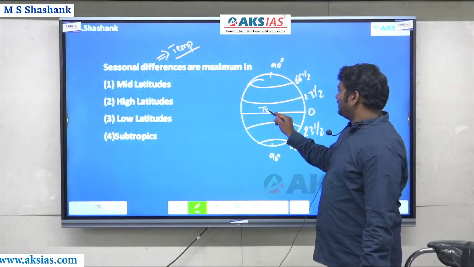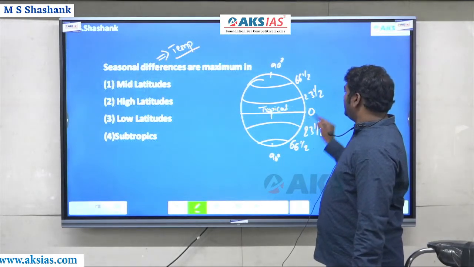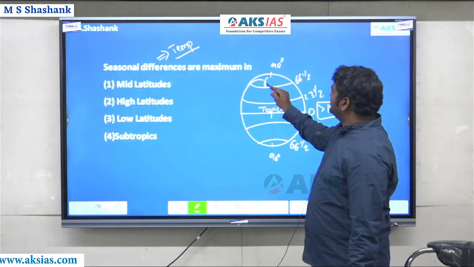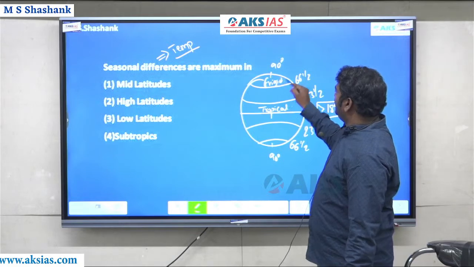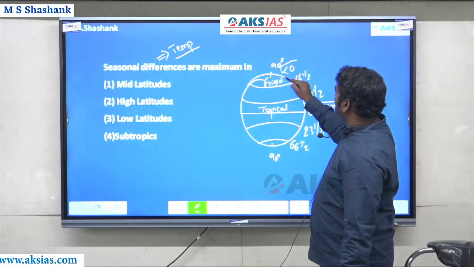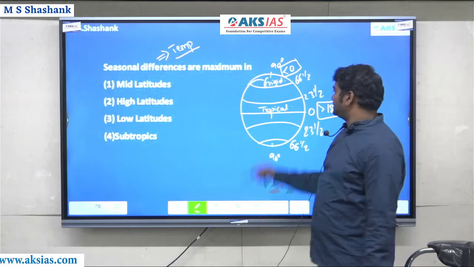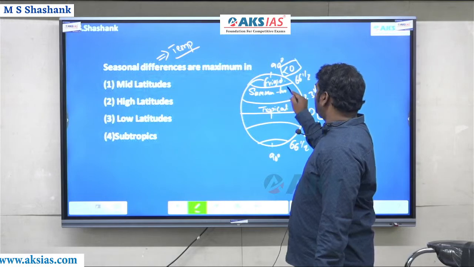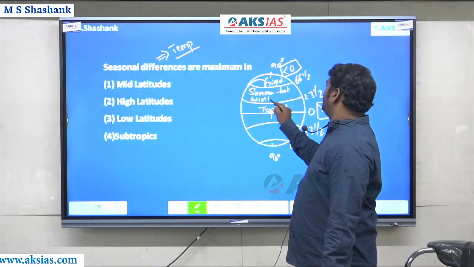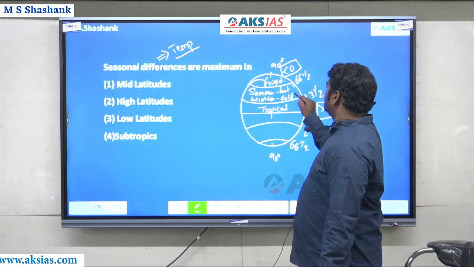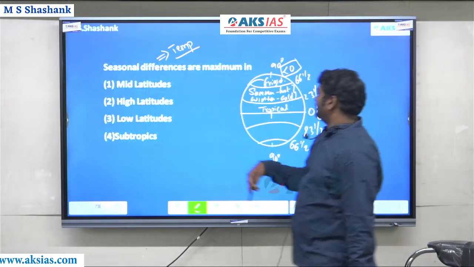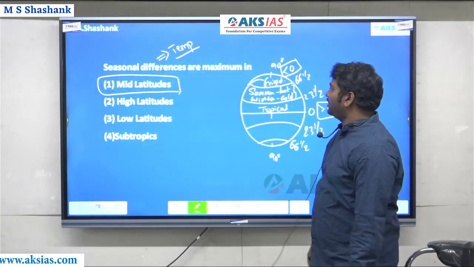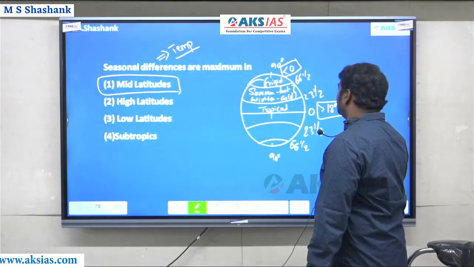This is tropical region. Throughout the year, temperature will be greater than 18 degrees Celsius. This is frigid region where temperature is always or mostly less than 0 degrees Celsius. In this region, summer is hot, winter is cold. So highest seasonal variation will be in mid latitudes. Fine, will be in mid latitudes.